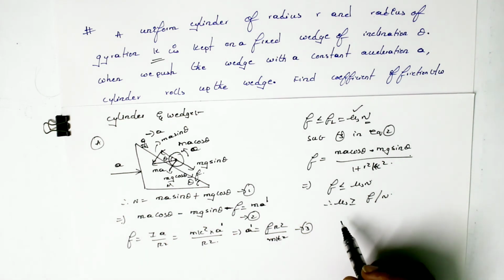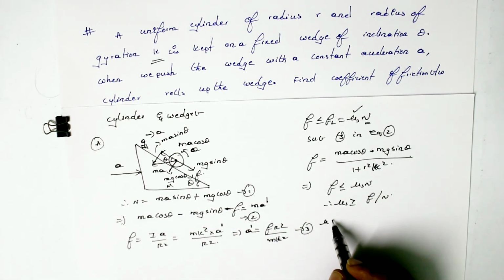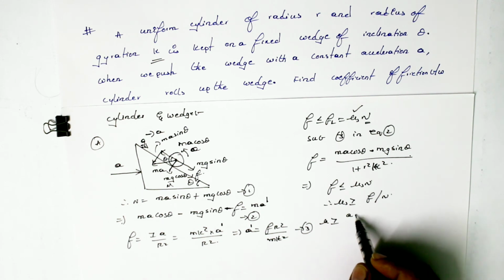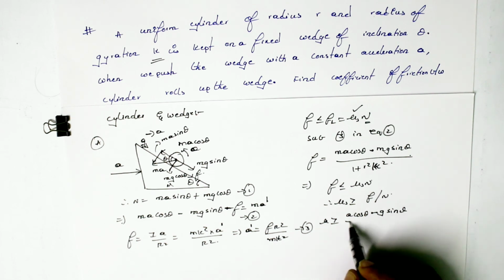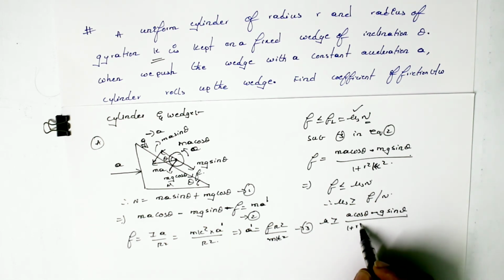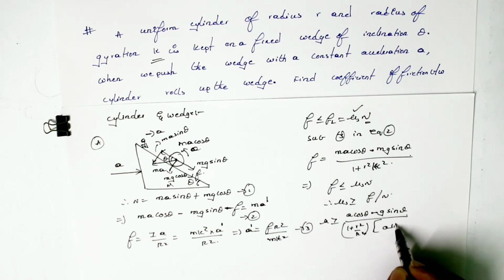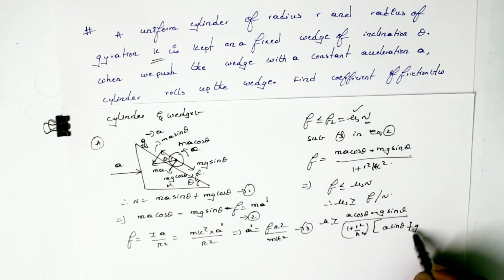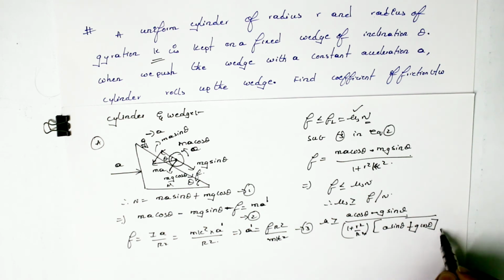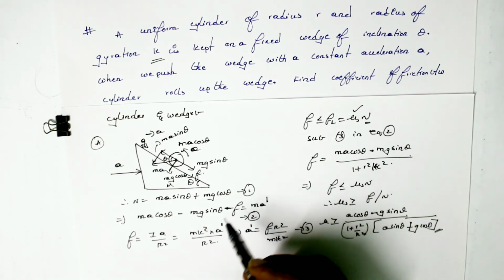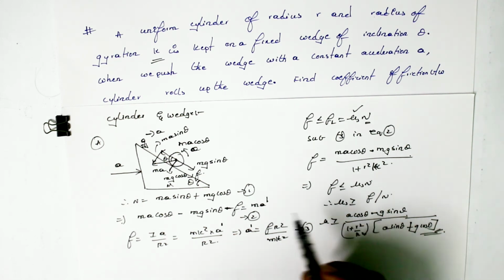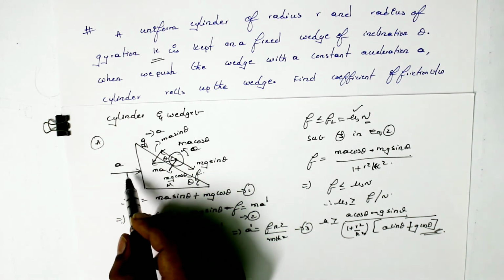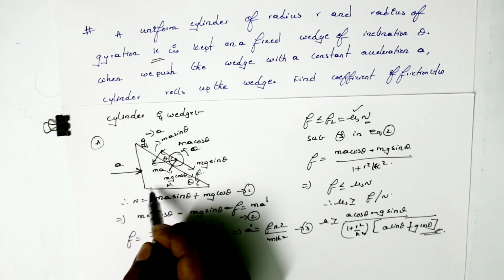If I divide these two relations, I will get mu should be greater than or equal to (a cos theta minus g sin theta) divided by (1 plus r square by k square) multiplied by (a sin theta plus g cos theta). This is the relation we will get. I hope you can substitute these values and get this relation. So this is the coefficient of friction for this cylinder to roll upwards if I apply an acceleration of a to the wedge.